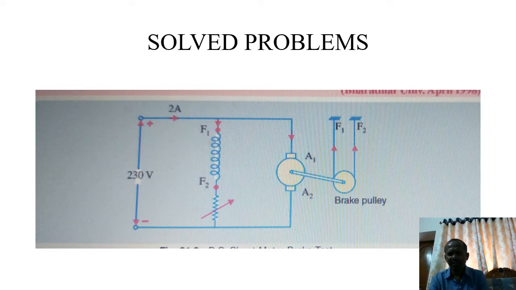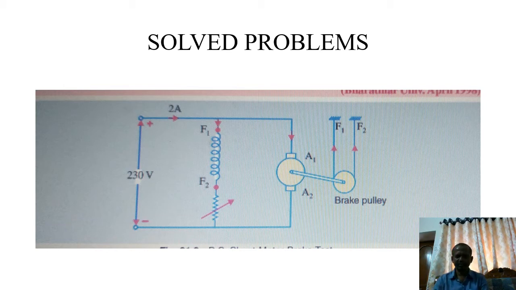The current passed through this DC shunt motor is 2 ampere, applying 230 volts. When you are conducting a brake test on a DC shunt motor, you can calculate the output power, torque, and efficiency of the motor.